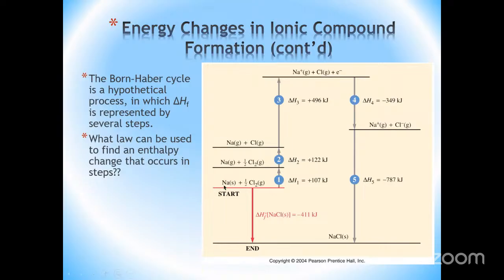What we're looking at is sodium plus chlorine to form sodium chloride, okay? Now, the enthalpy of formation of that has been measured and is equal to minus 411 kilojoules, all right? What we're going to look at is the different changes going this way to see how these values here relate to this, right?